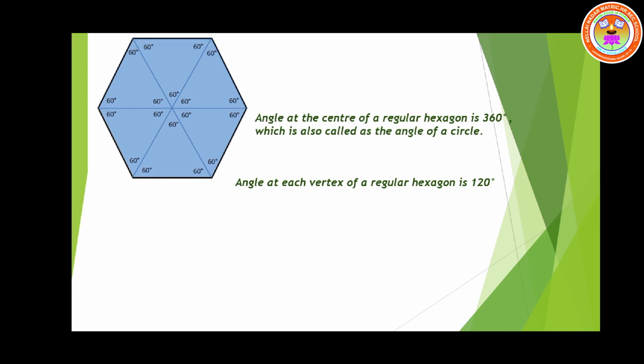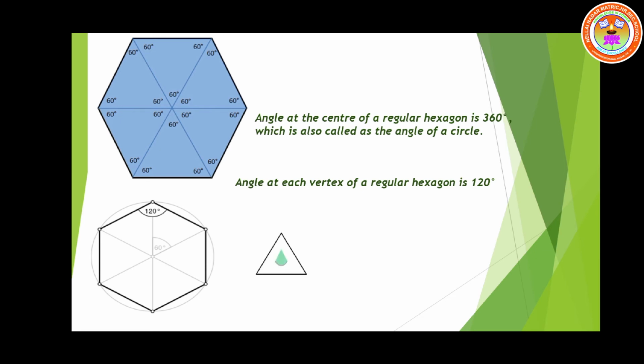So add the 2 angles, 60 plus 60, as I've done in the diagram. When you add it up, it sums to 120 degrees. That is what the angle at each vertex of a regular hexagon is, 120 degrees.